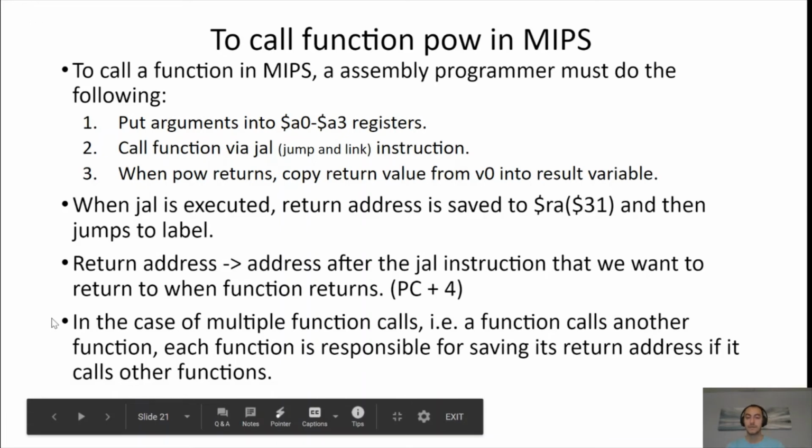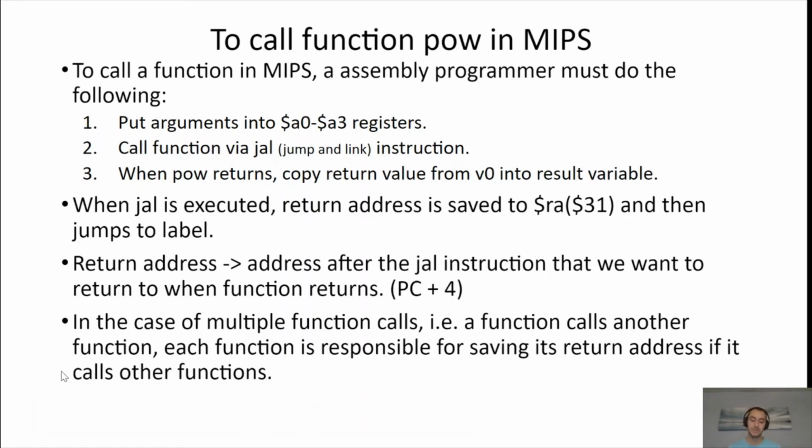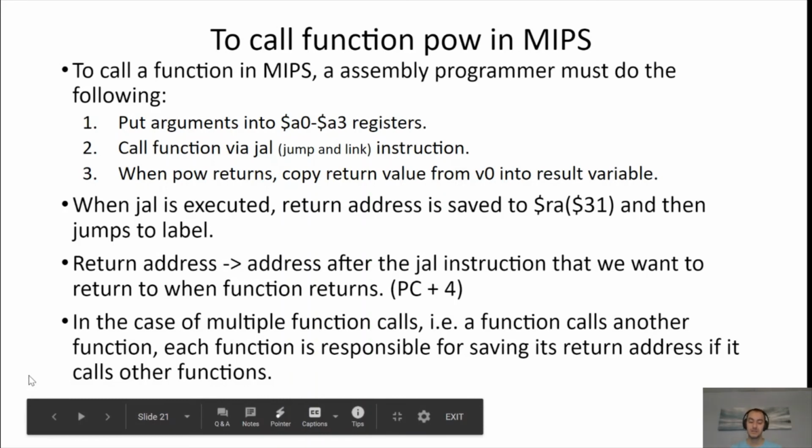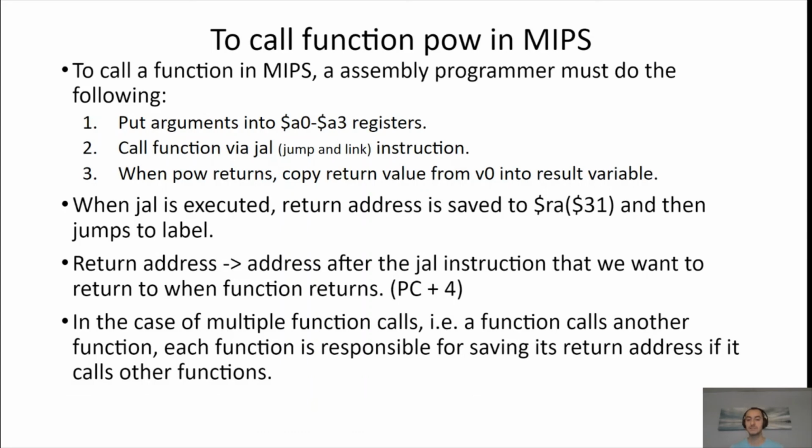If you have multiple function calls, it's going to get a bit more confusing and complicated because one function can override the return address from the previous function, and basically you're going to lose the way back to the original location. So that means that if you have multiple function calls, the function should make sure to save this return address and restore it. And we're going to see examples of that.